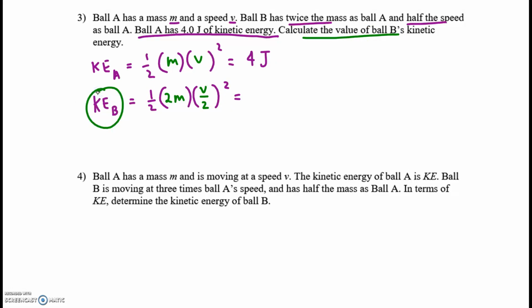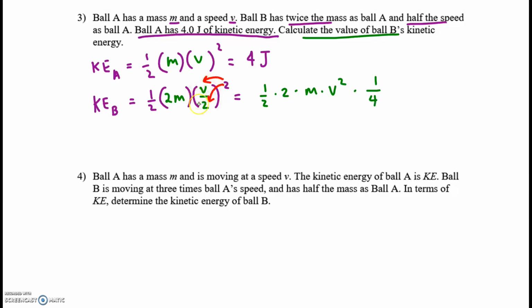Find what this is. Well, just like before, we cannot start until we distribute the squared to everything in the parentheses. So when I do that distribution, I'm going to have 1/2 times 2 times m times speed v squared times 1 over 2 squared.